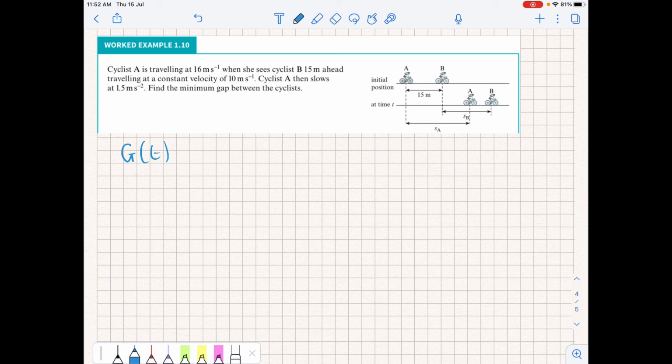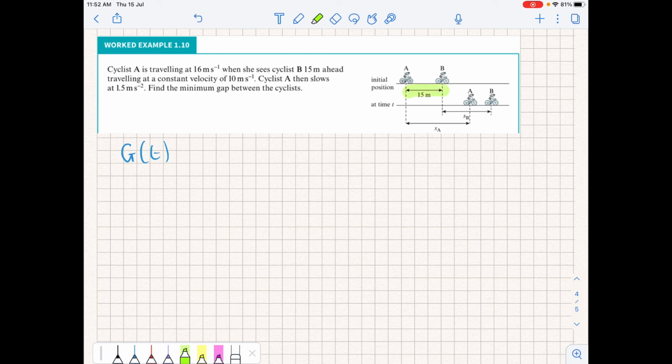We can see that the gap between the two cyclists is based off three components. We have the initial gap over here of 15 meters.